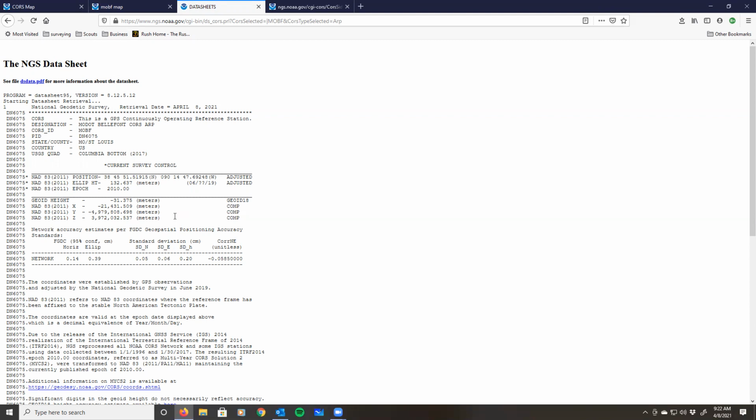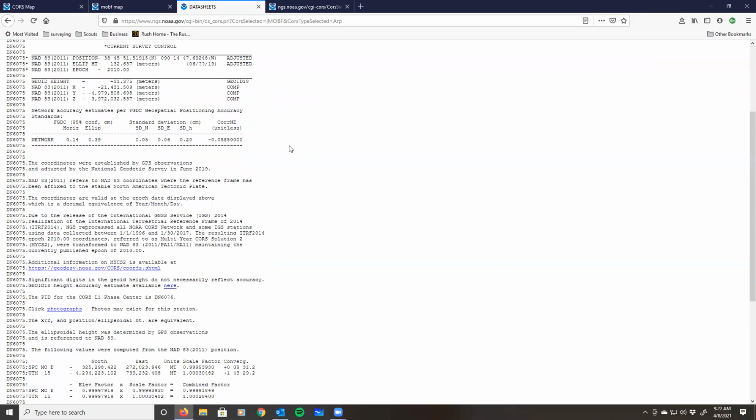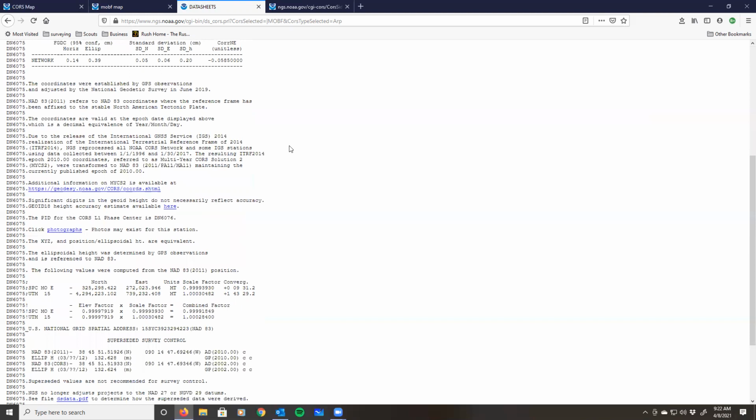So that's the conversion from meters to U.S. survey feet, which is the current system that we use. So anyway, that's the information as far as the elevation.